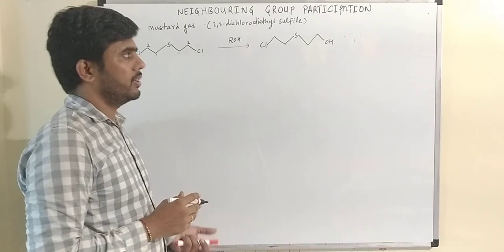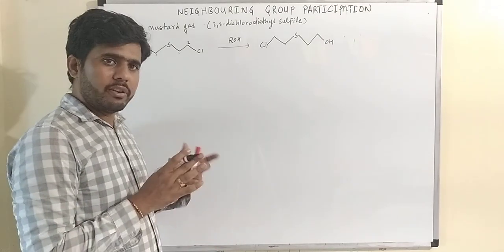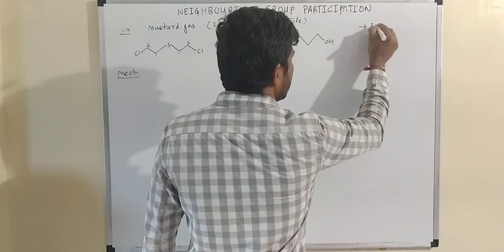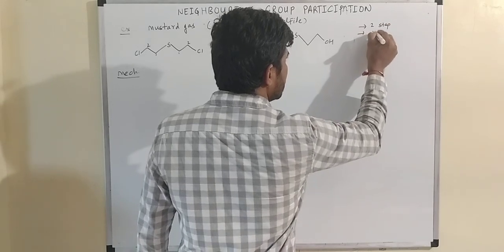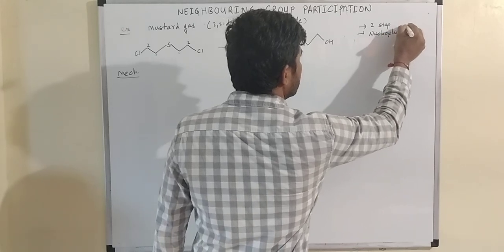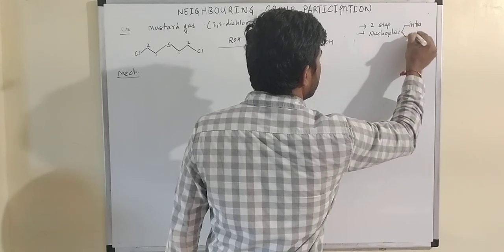As I already said, while considering the NGP, there are a few points to remember. The first point is that it is a two-step reaction. Second, it is a nucleophilic substitution reaction. It has two nucleophilic substitution reactions. The first one is intramolecular and the second one is intermolecular.